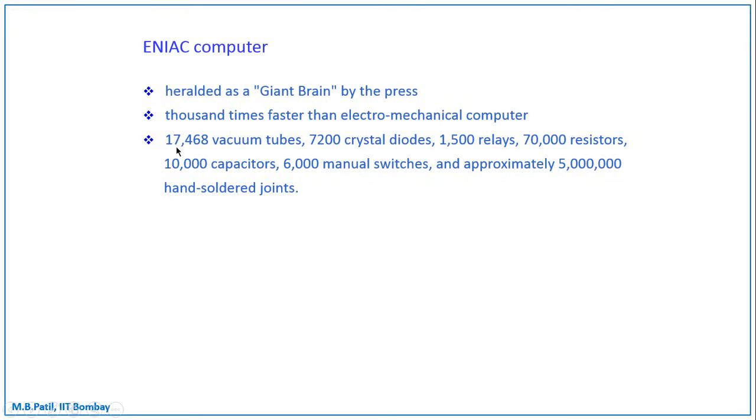It had some 17,000 vacuum tubes, some 6,000 manual switches, and approximately 5 million hand soldered joints. This of course was bad news, because with each hand soldered joint, the reliability of the entire computer goes down. It consumed 150 kilowatts. That's a huge amount of power.